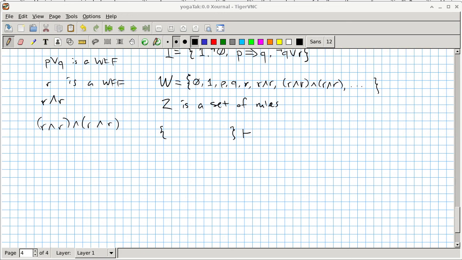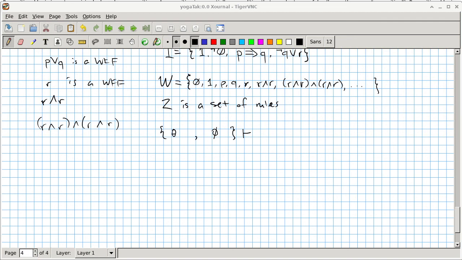okay, easy peasy. So we'll say, if we have a well-formed formula that is using the placeholder of theta, and we have another well-formed formula using the placeholder of phi, if both of these are known to be true, now remember, these are just placeholders.